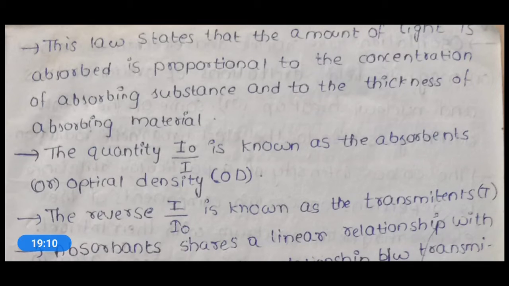And what will this Beer-Lambert's law state? This law states that the amount of light absorbed is proportional to the concentration of the absorbing substance and to the thickness of the absorbing material.